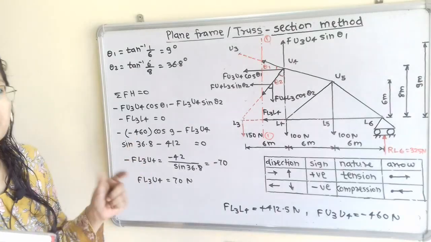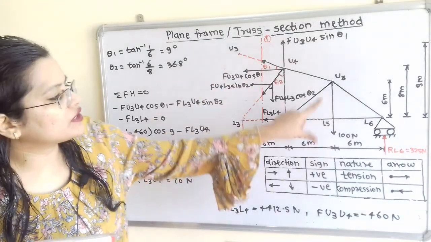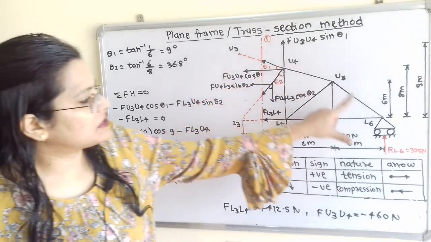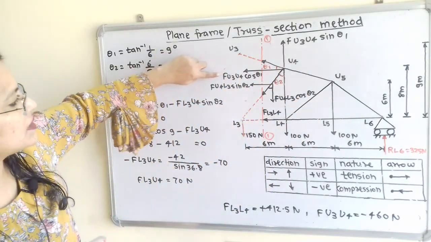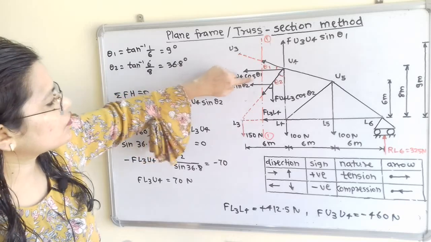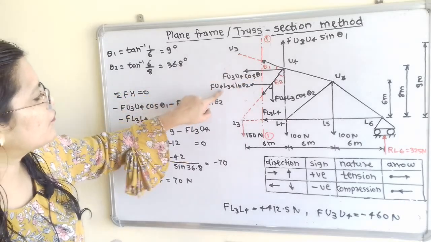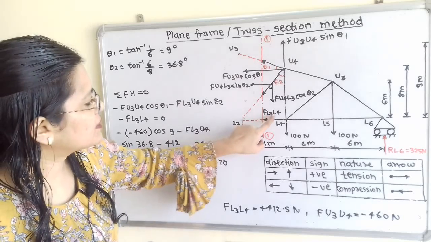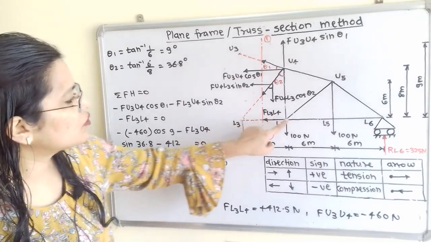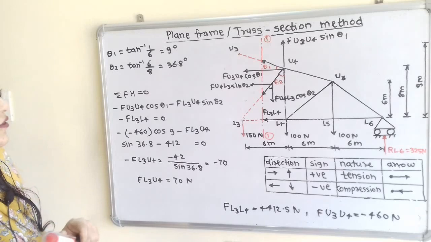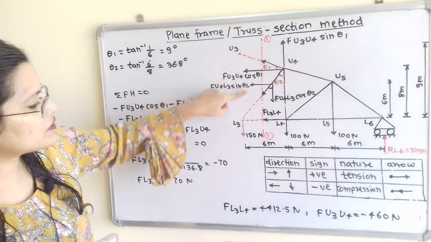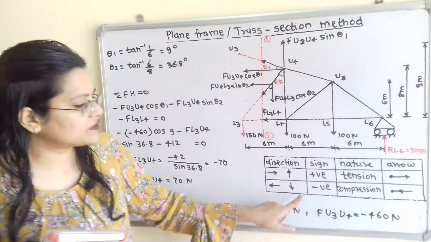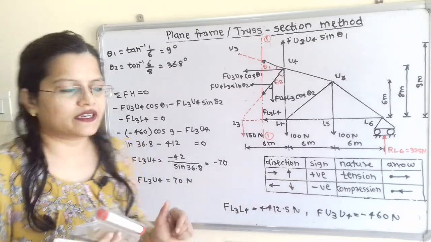So we will consider summation of all horizontal forces is equal to 0. So if we observe this system, then horizontal forces are Fu3U4 cos of theta 1, Fu4L3 sine of theta 2, and L3L4. So this is also horizontal force we have calculated. So all these forces having direction towards left hand side. So for all these forces we have to give minus sign.